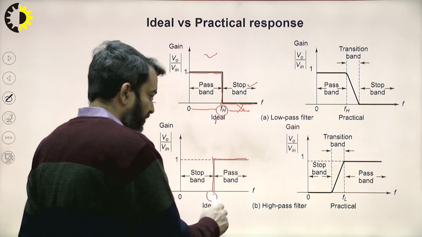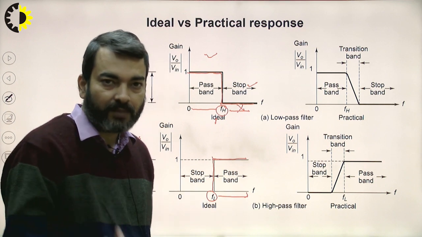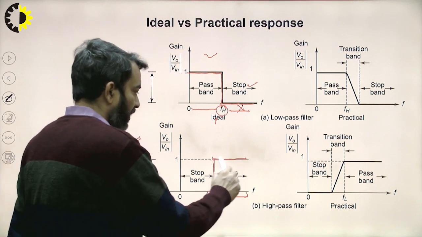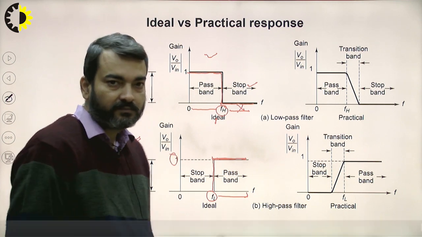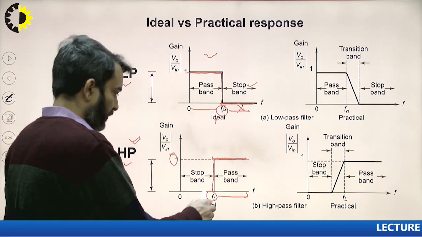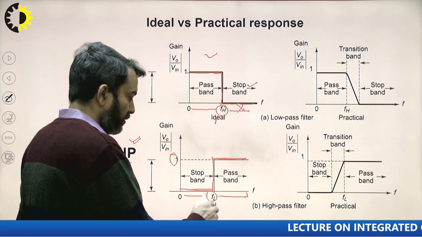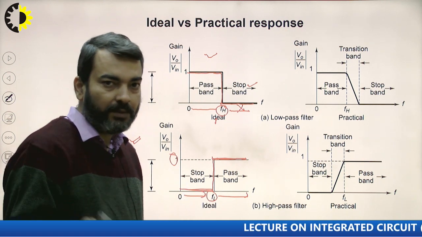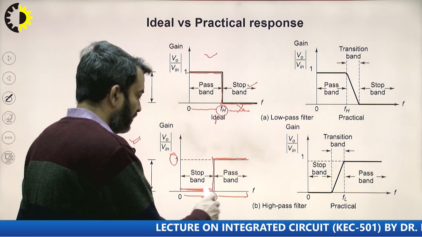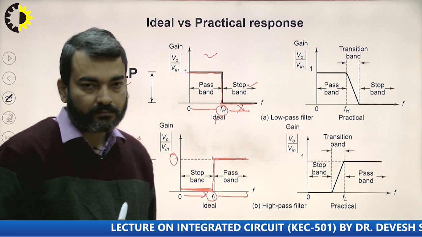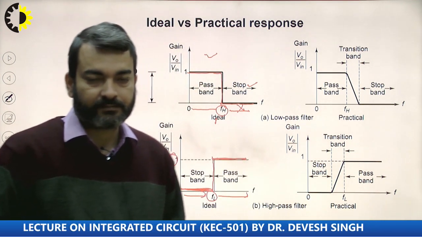Means frequencies ranging from FL to some higher frequencies will be passed with a constant gain, here let's say unity, and frequency components ranging from 0 to FL will be perfectly blocked, that is with gain of 0. So this is the characteristic of high pass response.